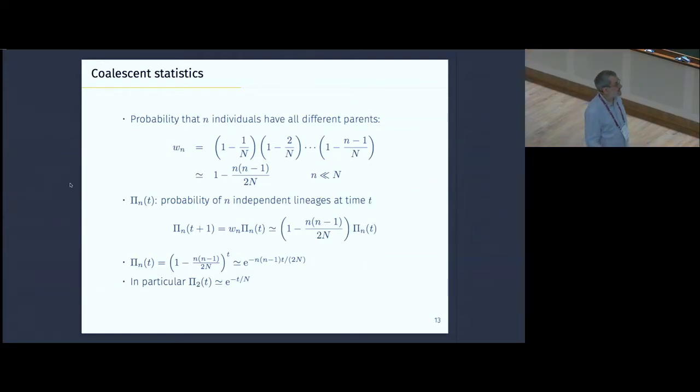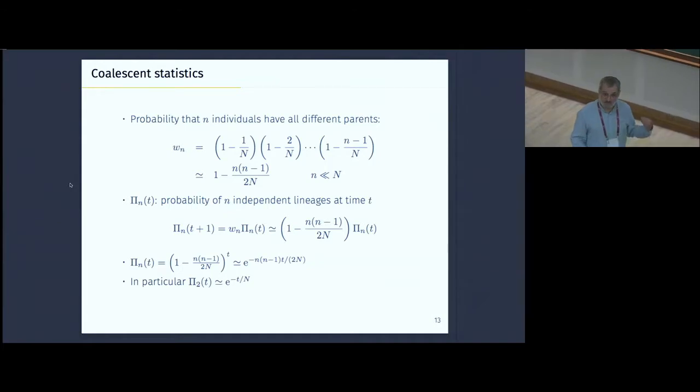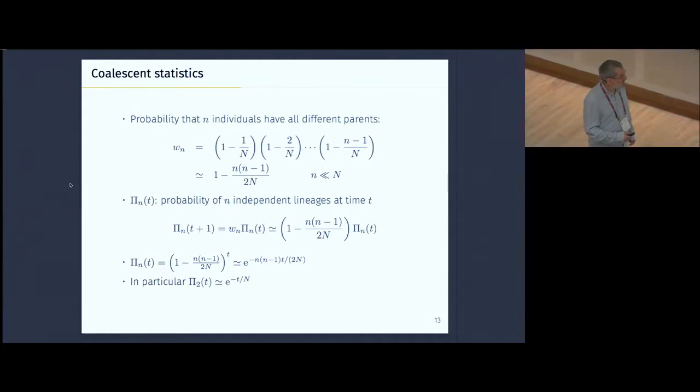This is very simple, because the ancestors t plus 1 generations ago will be different if they were different at time t, and if their corresponding parents are all different. Is that right? So pi n of t plus 1 is equal to pi n of t times this w n that I have evaluated here.